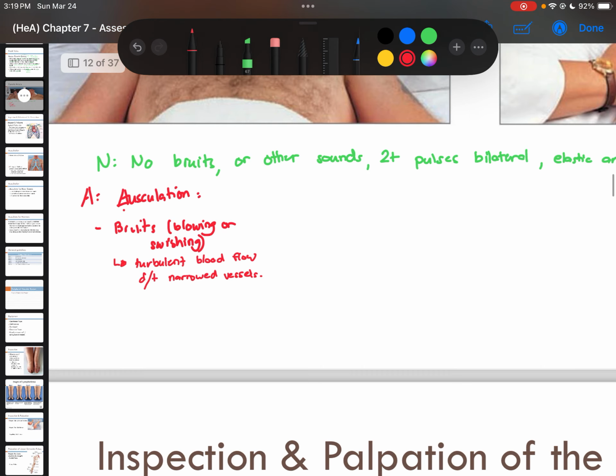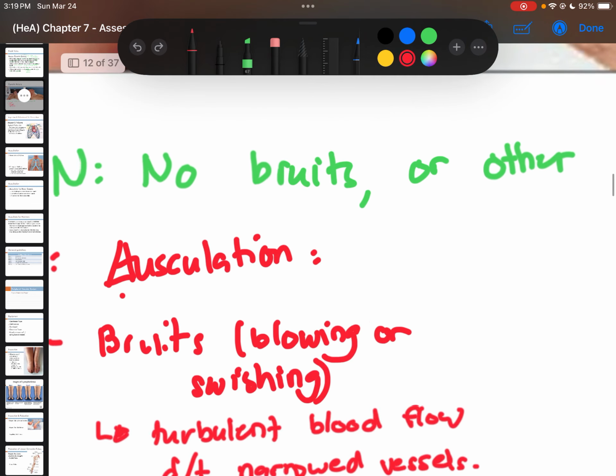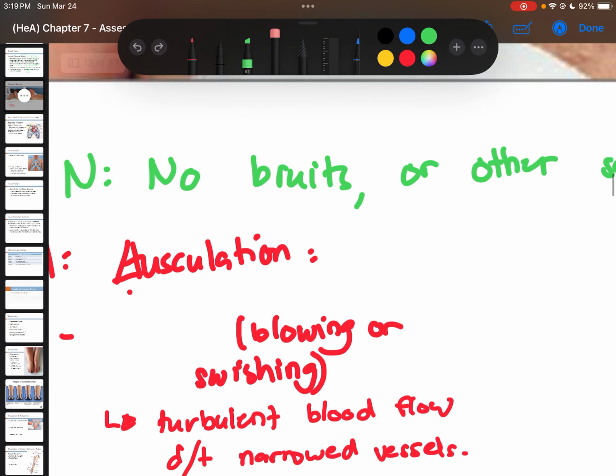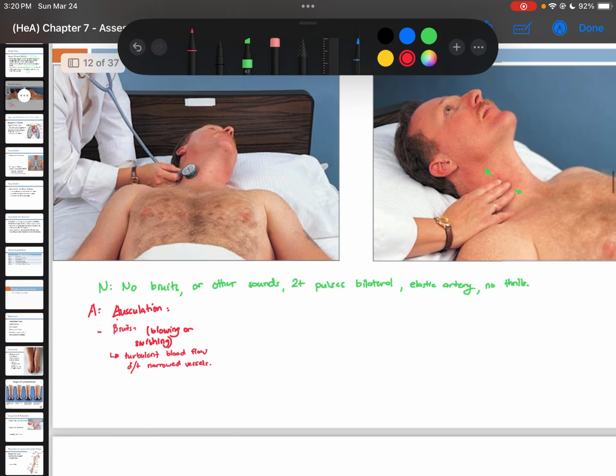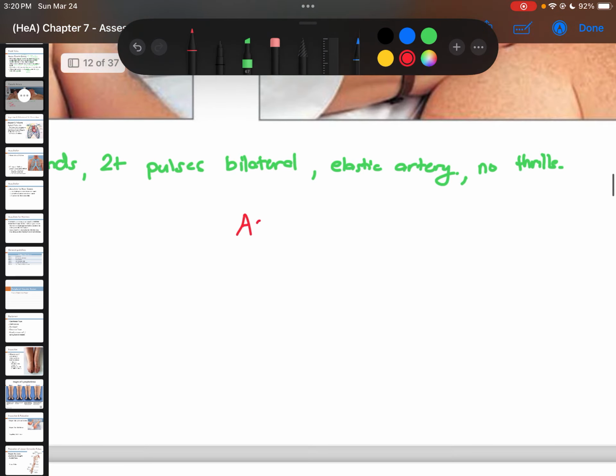That is the abnormal finding for auscultation. The abnormal findings for palpation, as you can see in the picture, are quite a lot. First is pulse inequality.